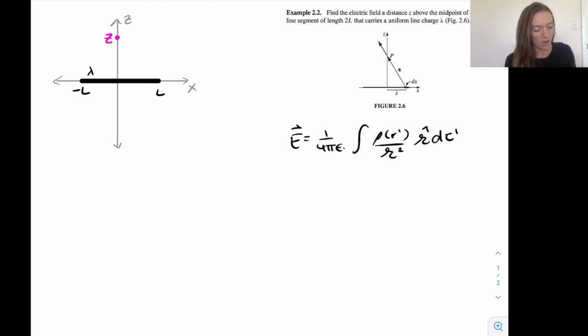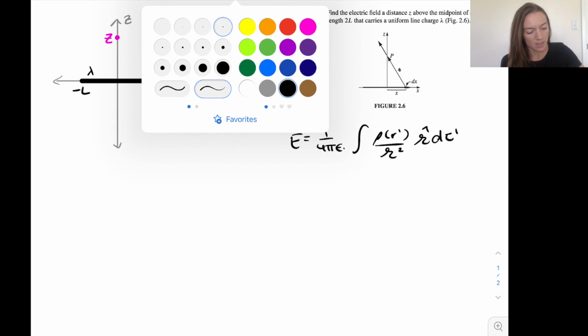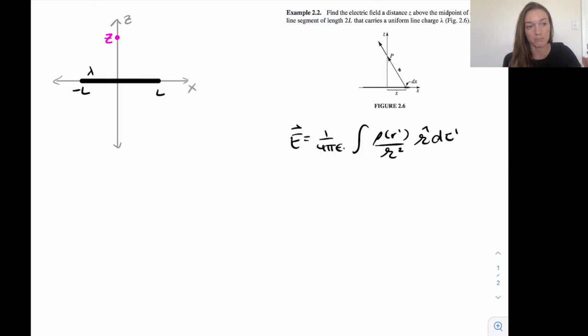And then these fancy r's just represent the distance from your source point to your field point. The source point is the source for the electric field. So our source points are all the points from negative L to positive L, where there's charge. So this is a source point, this is a source point, all of these are source points.